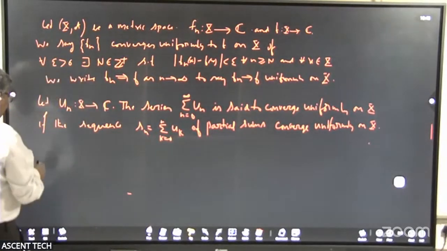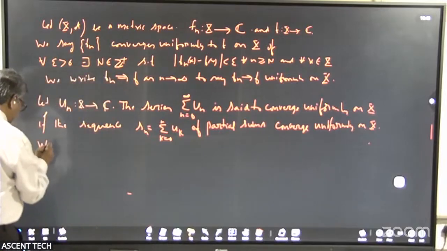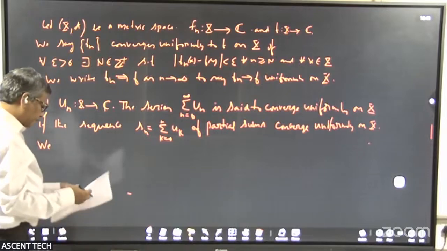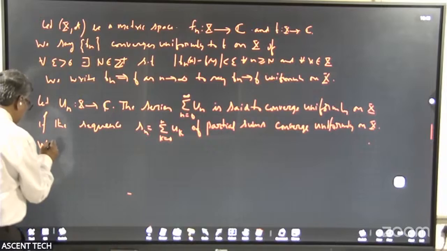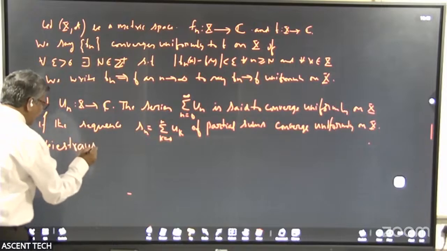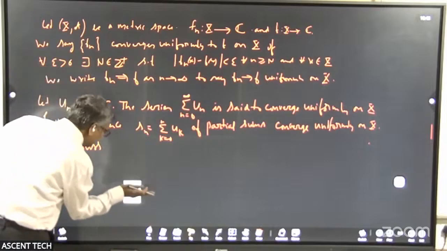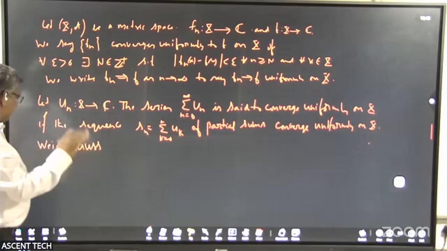So we have what is called the Weierstrass test. Weierstrass was an instrument in developing the concepts of analysis very systematically.